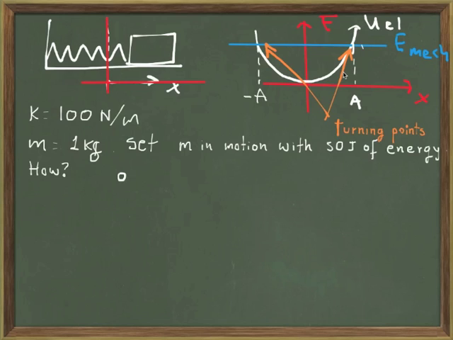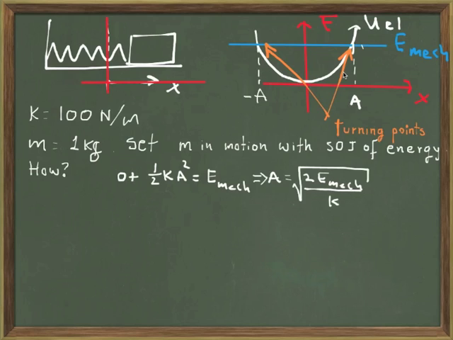If I just stretch it, I give it 0 kinetic energy, but I'm going to give it some potential energy. So I'm going to make 1/2 of K, that distance that I stretched it, I'm going to call it A squared. So 1/2 of K A squared will be the potential energy that I give it. And I want to make sure that that's equal to the mechanical energy, which is going to be 50 joules. I want to give it 50 joules.